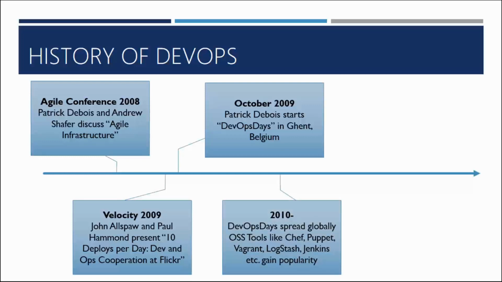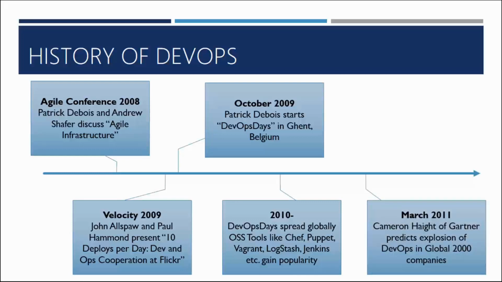So the DevOps Days name was spread globally, and tools like Puppet, for example, and Vagrant, Jenkins started to gain popularity. And today, by the way, Jenkins is one of the most sought-after tools for DevOps engineers as far as continuous integration is concerned.